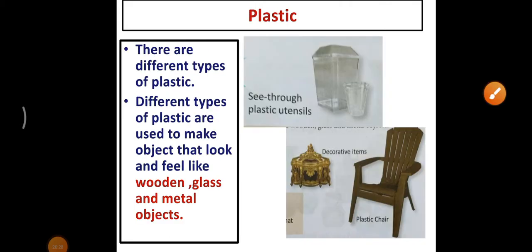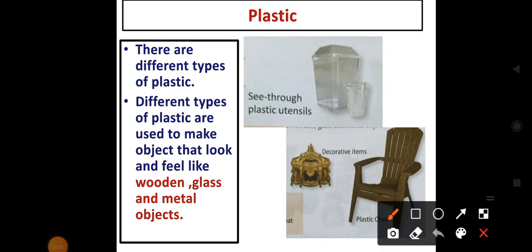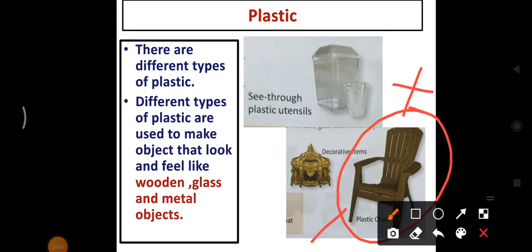And there are different types of plastics. Different types of plastics are used to make objects that look and feel like wooden, glass and metal objects. See this chair. It looks like a wooden chair, but this is not wooden. It is made up of plastic.